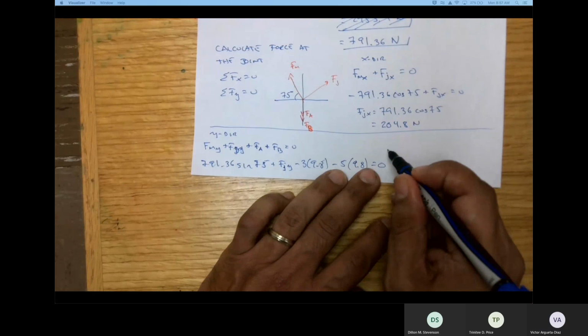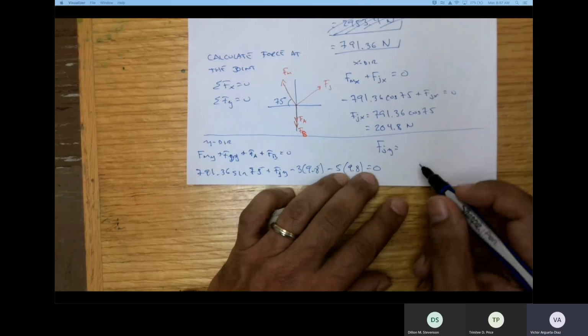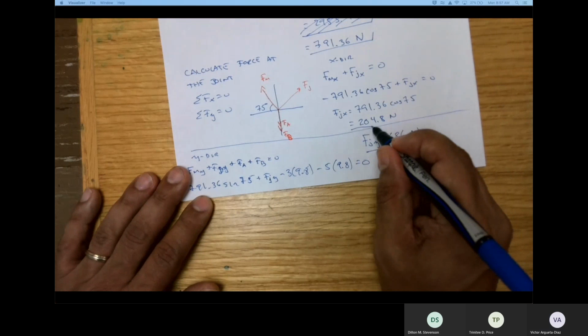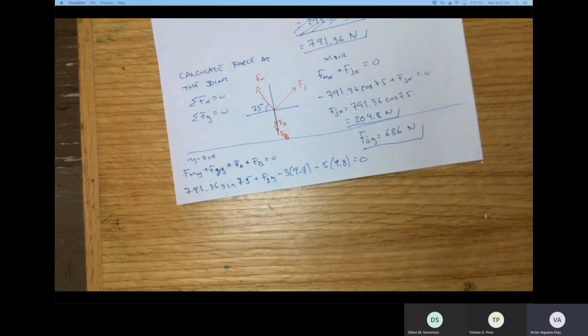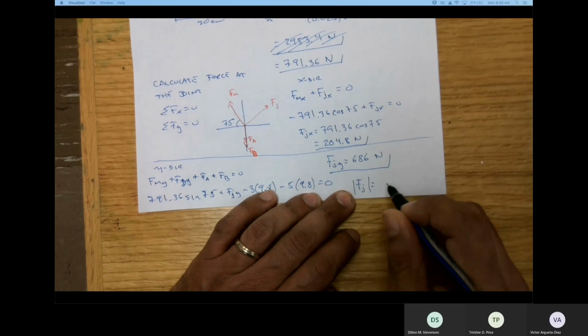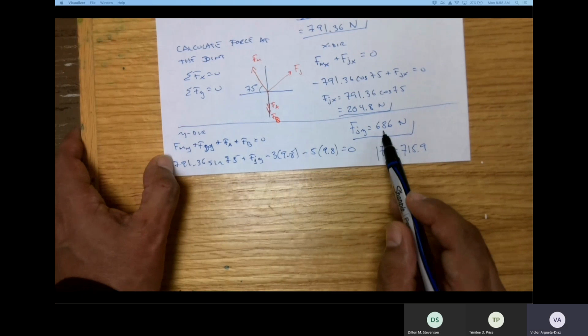And that has to be equal to 0. So at the end, I end up with a y component of 686 newtons.